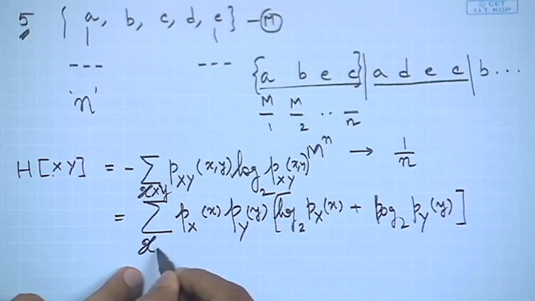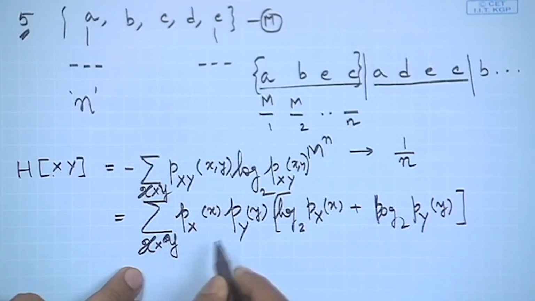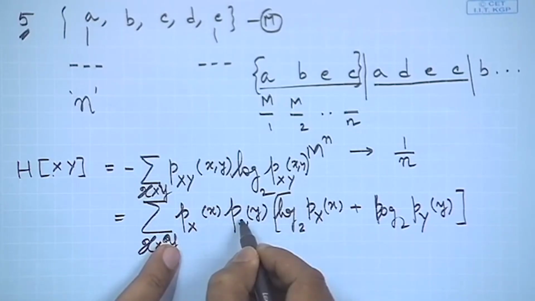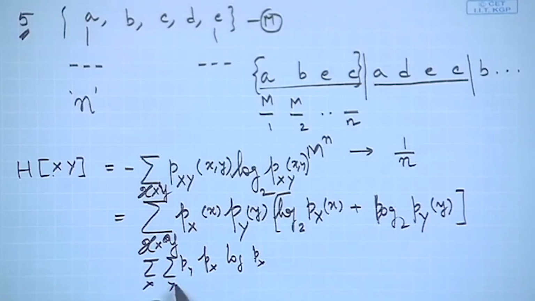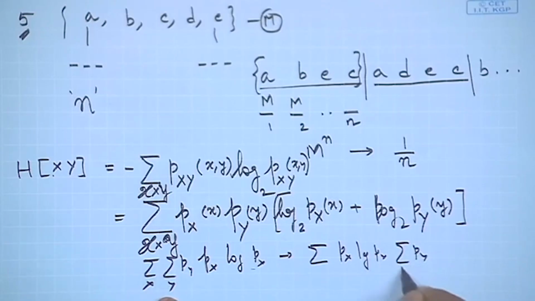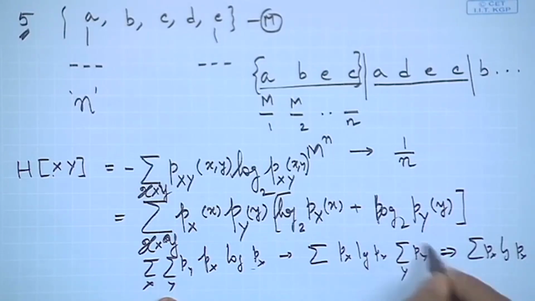Since this is over x and y, we would first add up through all of y, and what we have is p(x), I will write in short log p(x), here p(y), summation over y, summation over x. When this is added over all y, since these are independent, this leads to summation of p(x) log p(x) times summation of p(y) over all of y, which equals 1.